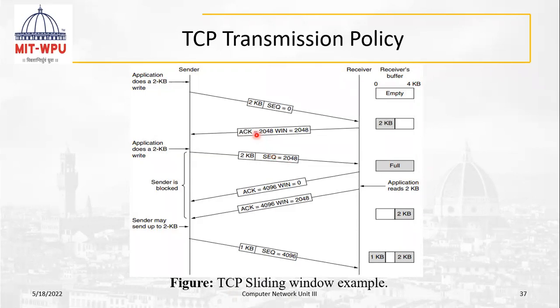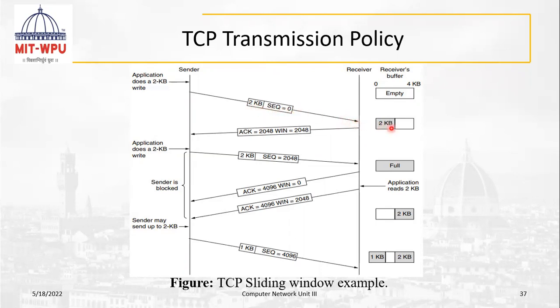At this moment the receiver's buffer is empty. As soon as you send data from the sender to the receiver, let's say you send a 2 KB packet with sequence number 0, that means it is the first packet in the communication. So you are sending 2 KB of data with sequence number 0.